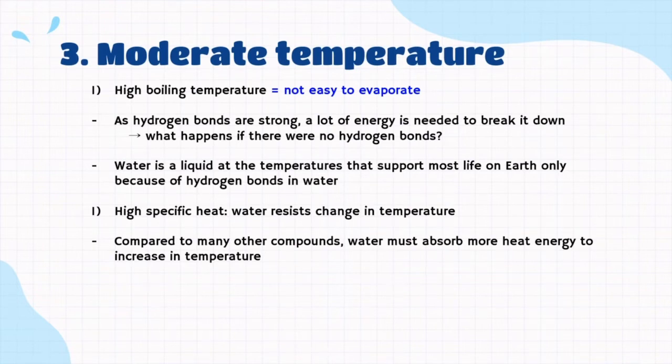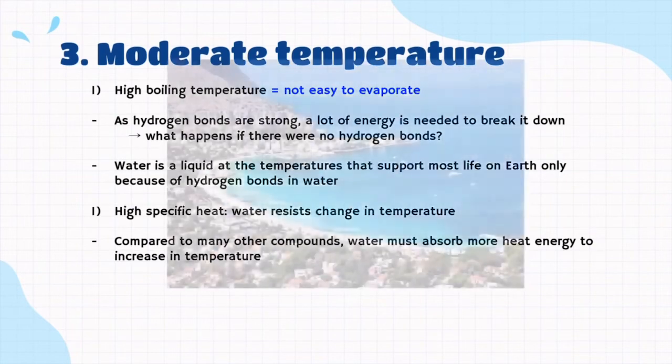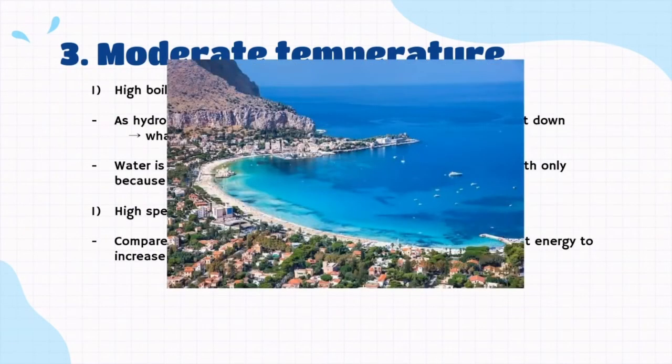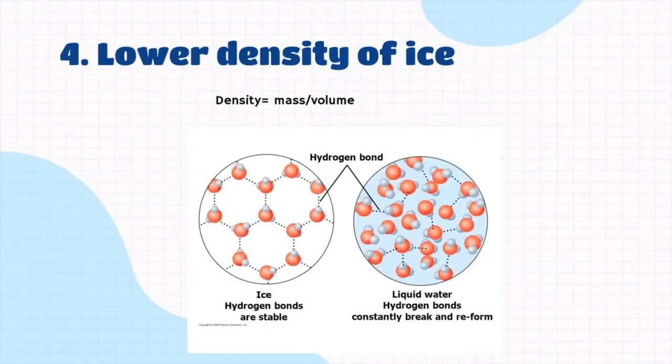However, water absorbs the heat, which helps to regulate cell temperatures. It is also the reason why coastal cities have a smaller temperature difference throughout the day than inland cities.